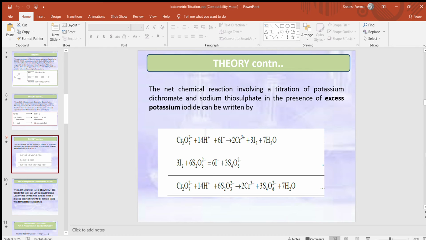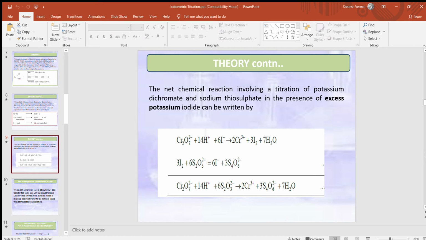But before that, always remember two things. Number one, we use excess KI so that iodine is available. Number two, iodine titrations need to be performed in cold conditions. The reason is that iodine is volatile in nature. To prevent the volatilization of iodine, we keep the solution cold.